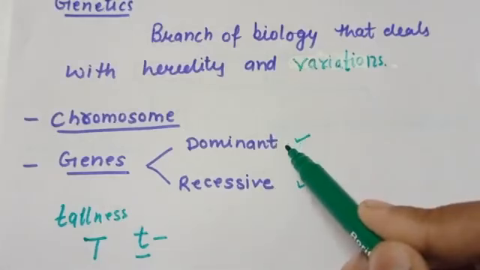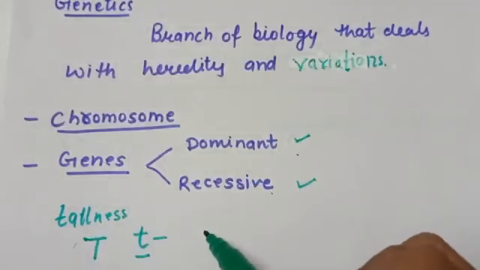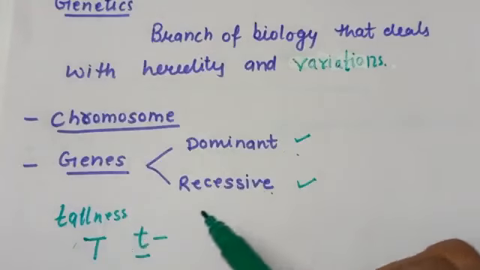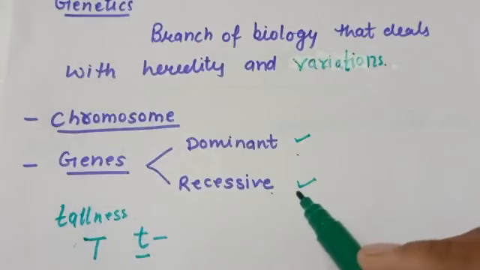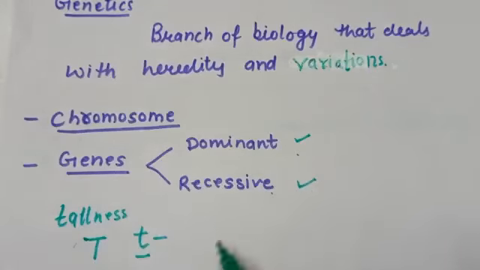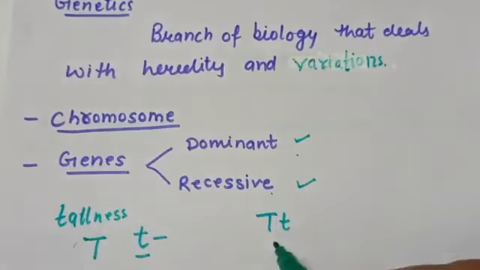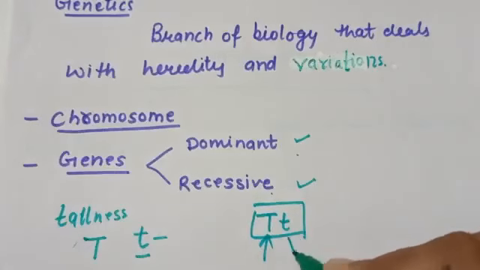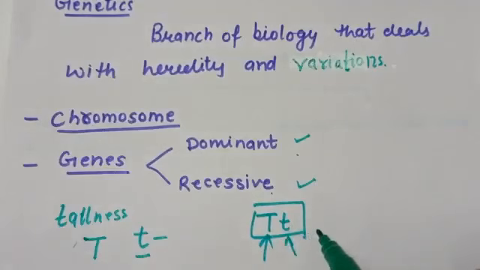A dominant gene is represented by a capital letter and a recessive gene by a small letter. So in the same example, tallness, which is one characteristic of an individual, if we write the gene as T, then this is the dominant one and small t is the recessive gene, which shows the dwarfness of the individual.